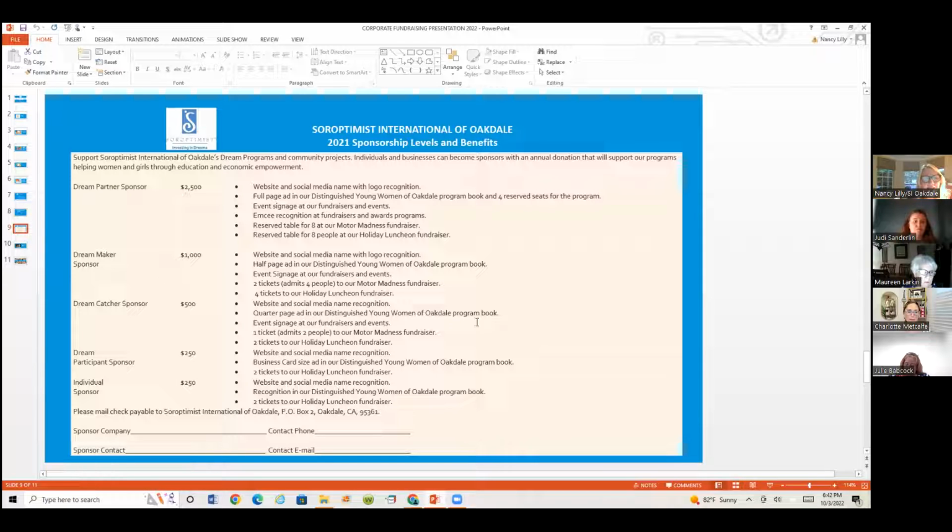And then on the right side are the benefits that they receive if they donate. And at the bottom, we have the name of their company, their contact, and their phone and email, as we wanted to capture that information.